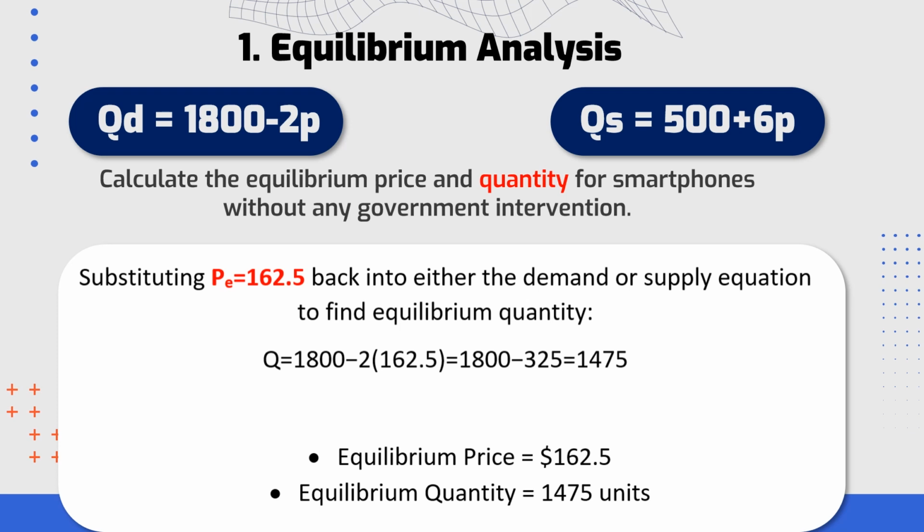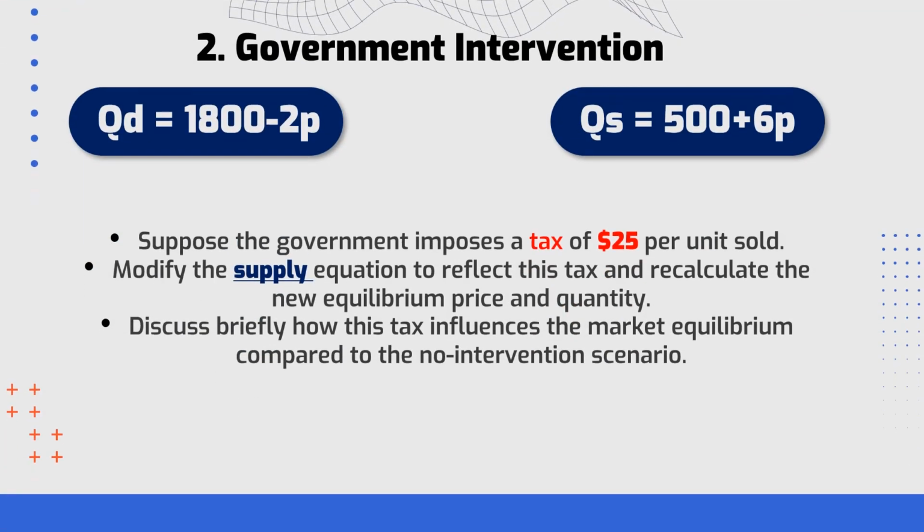So the equilibrium price is $162.50, the equilibrium quantity is 1475 units.